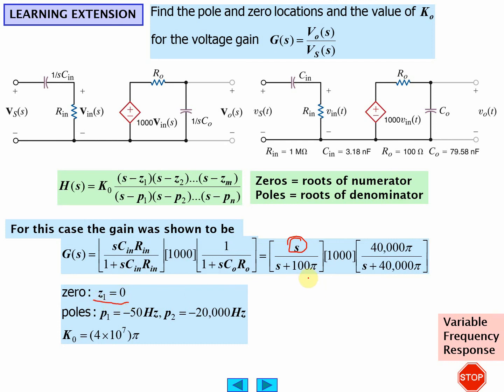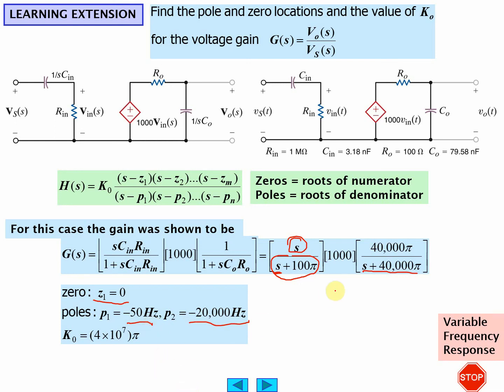The poles are when this equals zero. S equals negative 100 pi, pole 1, negative 100 pi, and negative 40,000 pi. And we found out earlier, 20,000 hertz and 50 hertz.